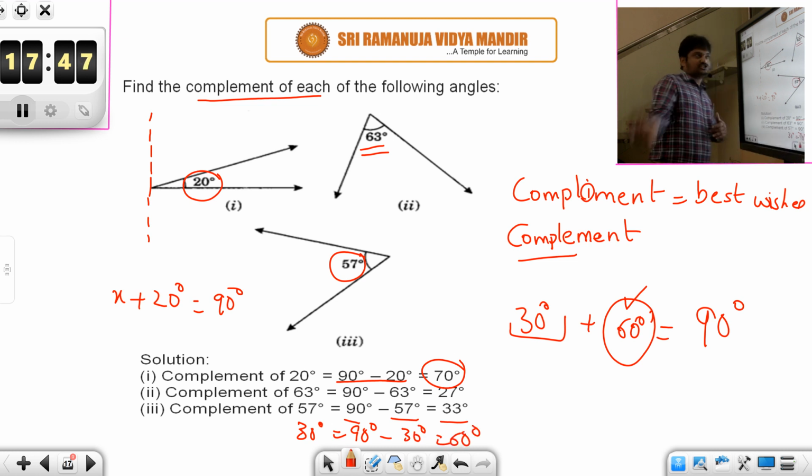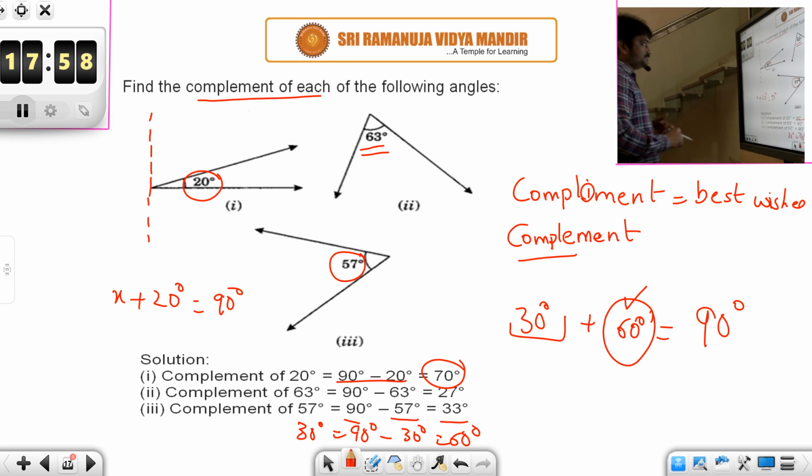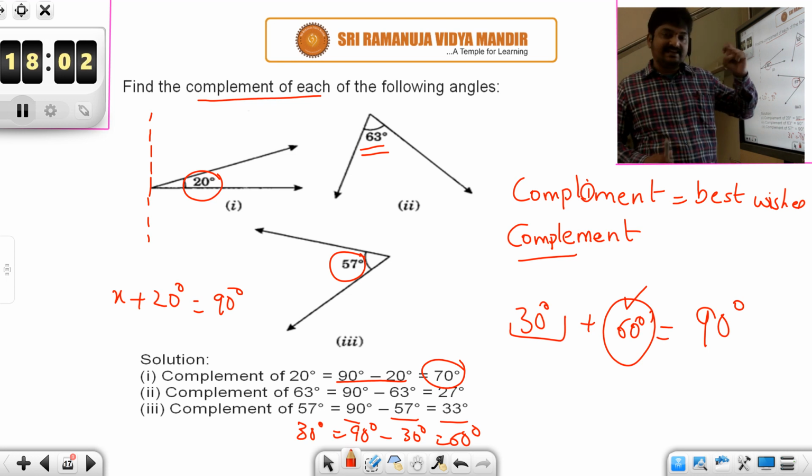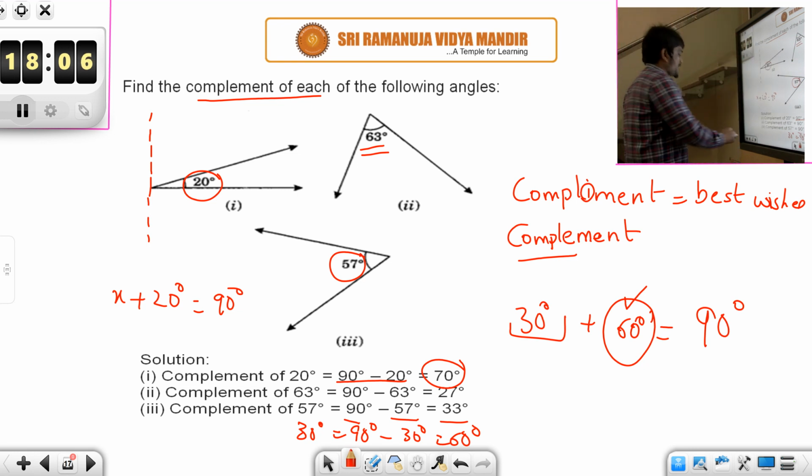What is the complement of 60? 90 minus 60 is 30. What is the complement of 40? 90 minus 40 is 50. Okay, students, if you are asked to find the complement of any angle, you need to take the difference from 90.